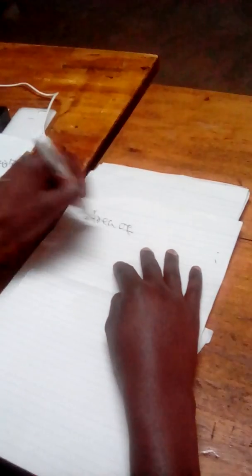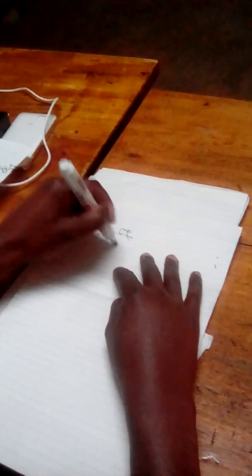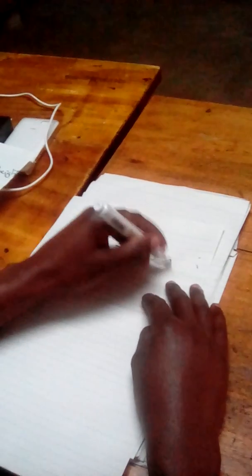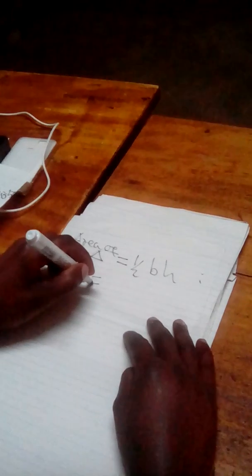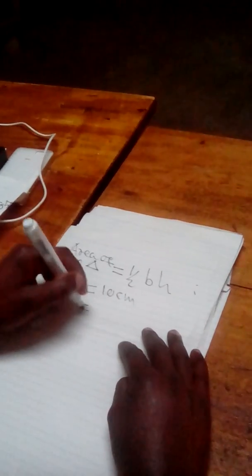So, the area of the triangle will be a half base times height. In this case, base is 10 centimeters and height is square root of 75 centimeters.